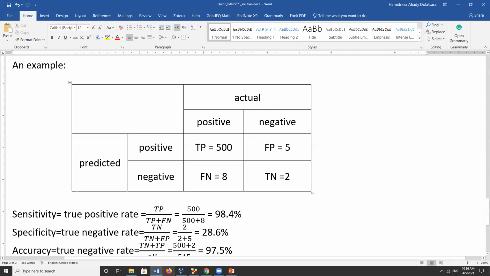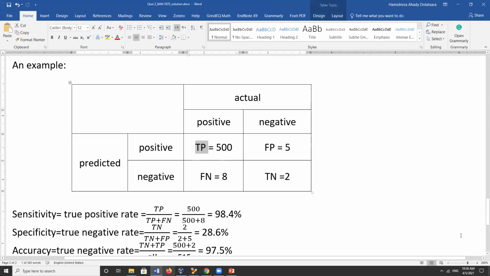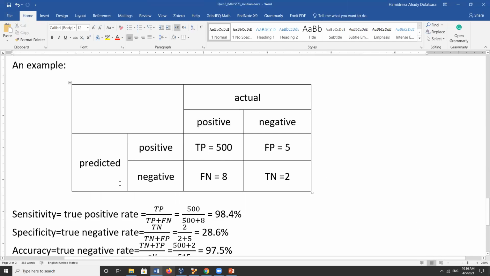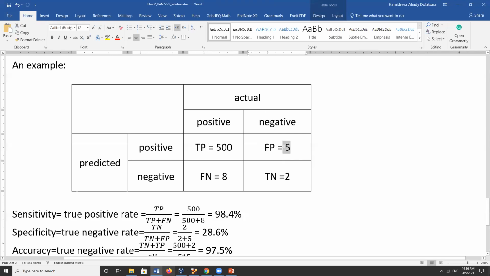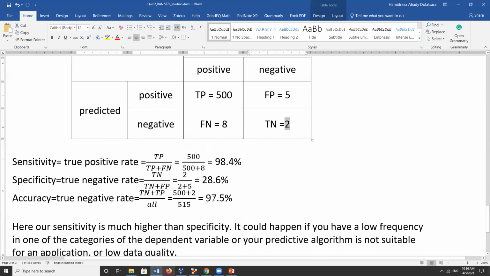So the predicted positive while positive, or true positive, is 500. For the negative cases, we just have 7 actual negatives. Out of 7, they predicted 2 of them correctly. So the specificity or true negative rate is 2 divided by 7, it's just 28%.